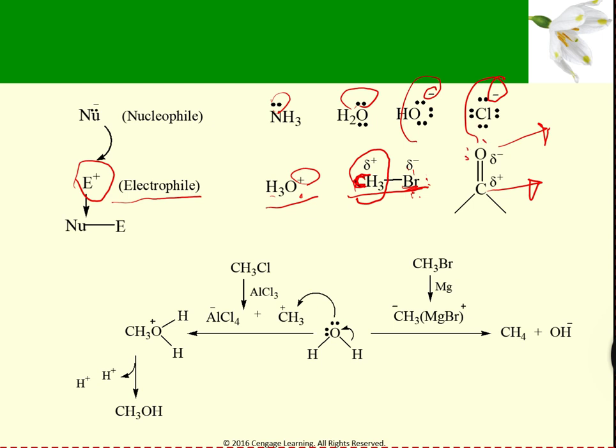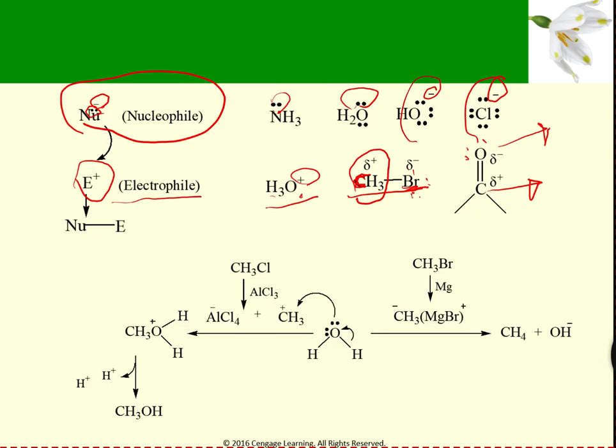Let's apply the concept of electrophile and nucleophile to some chemical reactions. The concept of nucleophile and electrophile is very important to understand organic reactions, but it's easy to understand. The condition for the nucleophile is whether they have a minus charge or whether they have electrons.